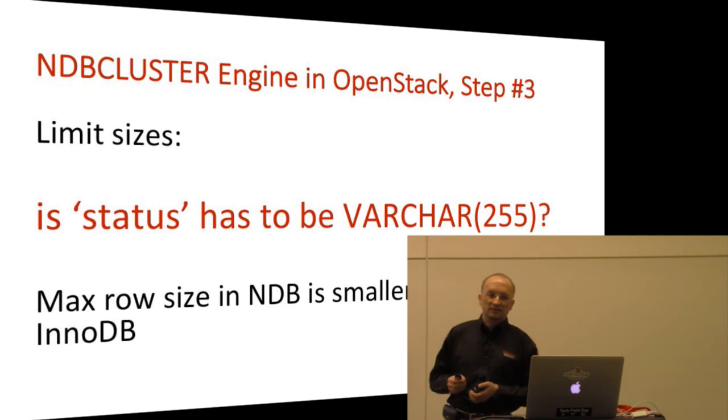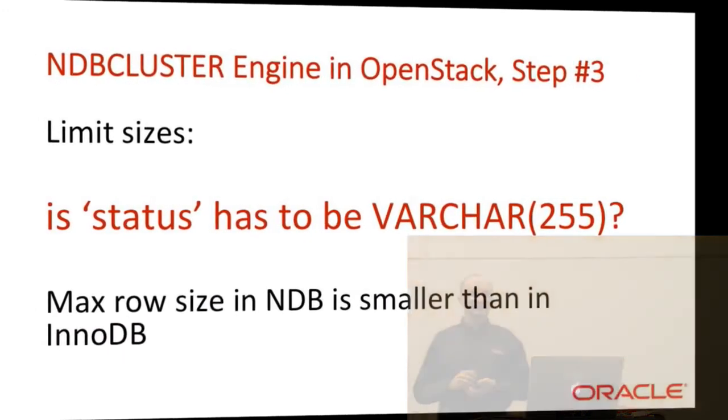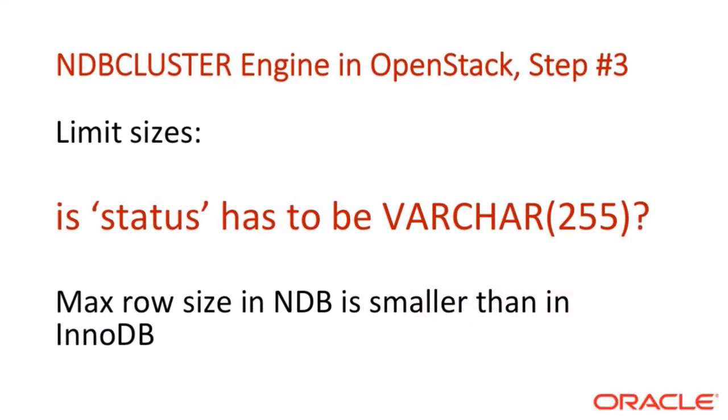The third thing I found not nice about the current OpenStack source is that people tend to use large strings by default for whatever string or text information they find. For example, for status fields or hostname fields, they just use varchar 255. They don't think about whether it's too big or not.